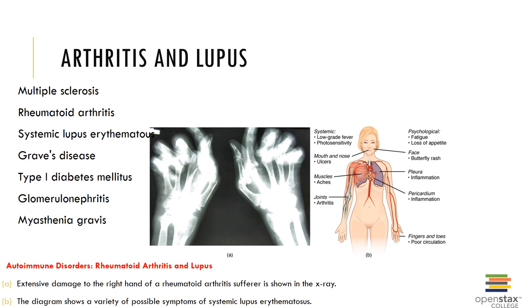Type 1 diabetes, also known as insulin-dependent diabetes, is when autoantibodies attack the pancreatic cells that produce insulin. Glomerulonephritis is when autoantibodies attack the kidneys, leading to renal dysfunction.